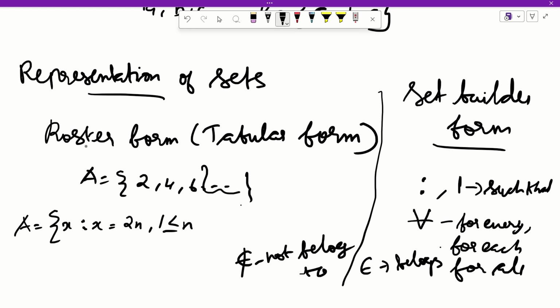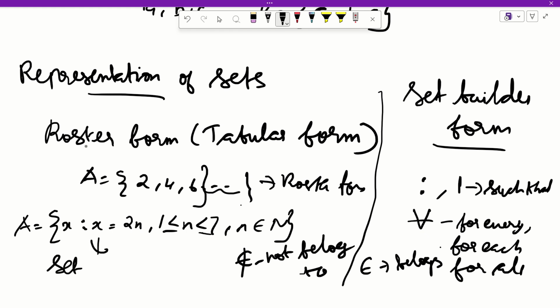Let's say here 3, 6, we can give x less than 7, or x less than or equal to 7 also, such that n belongs to natural numbers. That's it. So this is roster form, and this is set builder form.